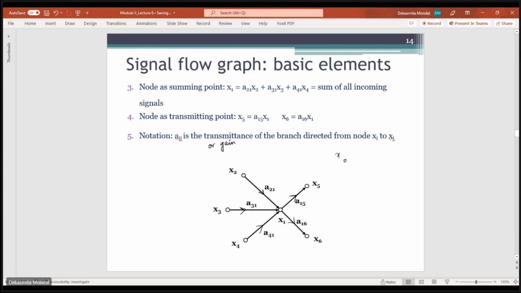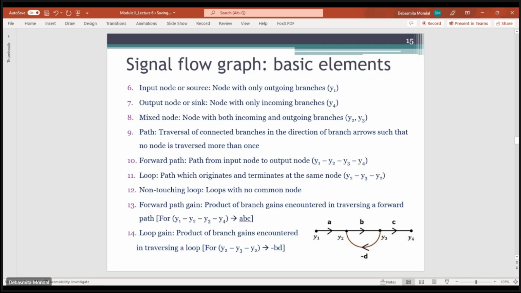So if this is your node xi and this is your node xj, and the signal direction is this, then Aij will be the transmittance or gain of the corresponding branch.